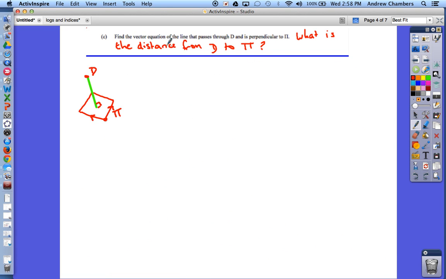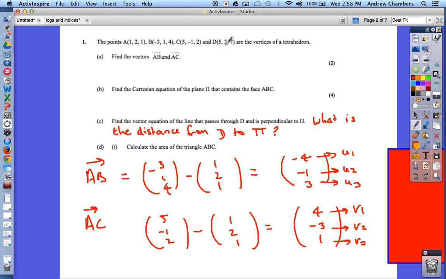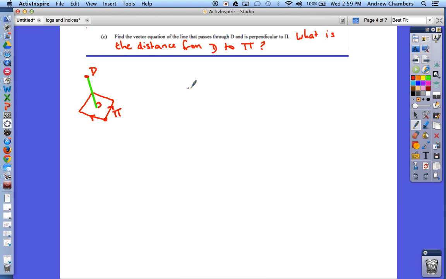Part C says, find the vector equation of the line that passes through D and is perpendicular to the plane, and then find the distance from D to the plane. If we remember from the previous part of the question, the point D is 5, 3, 7.